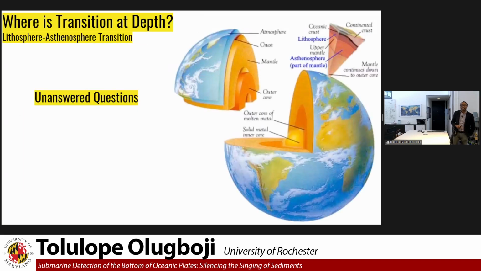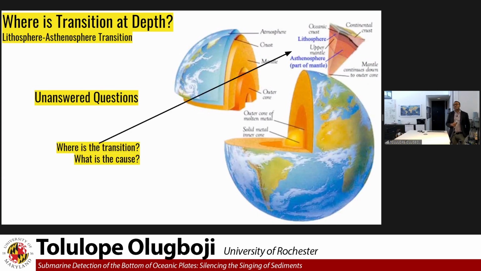What is more challenging, though, is the unanswered question about where the boundary is within plates, as we transition from the plate, the lithosphere, the hard, rigid part, to the portion of the mantle called the asthenosphere, asthenos because it's weak, where most of the motion is accommodated.